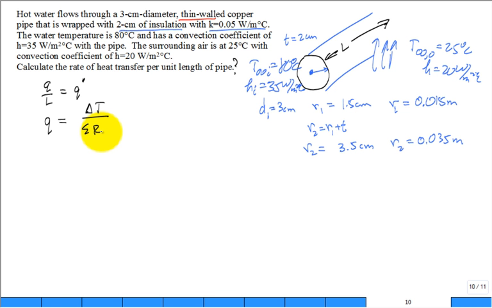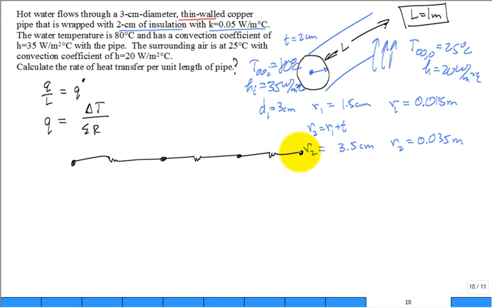Do I work with L as a variable, or do I just pick L to be 1 meter, and then I know that everything I'm going to calculate will be on a 1 meter basis? Just like before, it works either way. You just have to be consistent with what route you start in your analysis. Okay, so I make a little network, and what are at the nodes of the network? Temperatures: T infinity on the inside, T infinity on the outside.